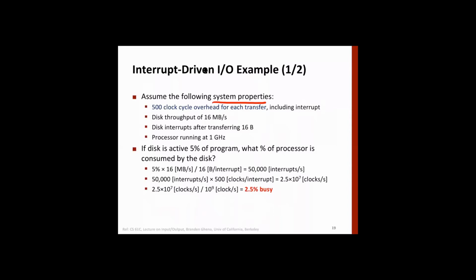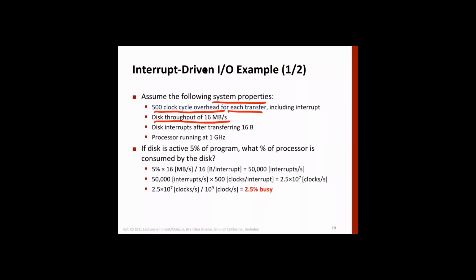Each transfer from disk, whenever there is an interrupt to the CPU and it has to handle the disk request, costs the CPU 500 clock cycles. Now assume the disk throughput is 16 megabytes per second, meaning there's a maximum rate at which it can transfer.